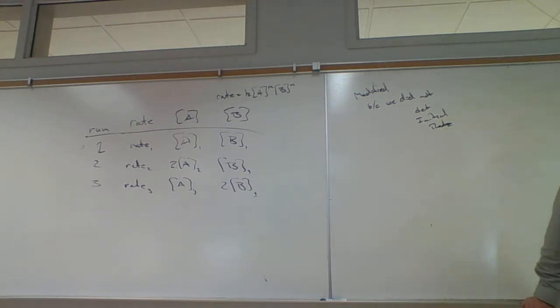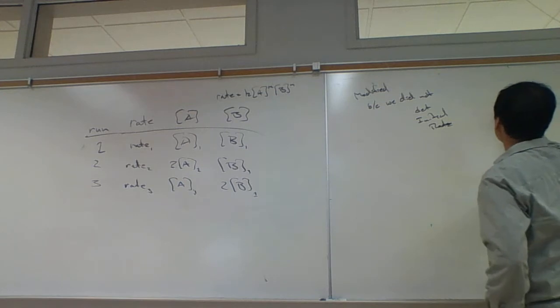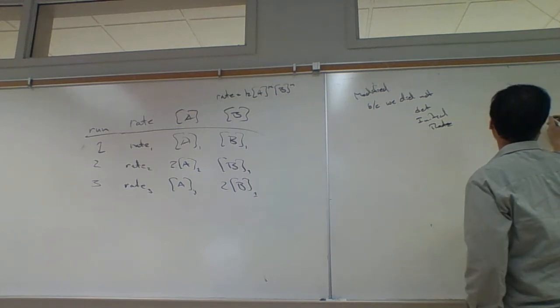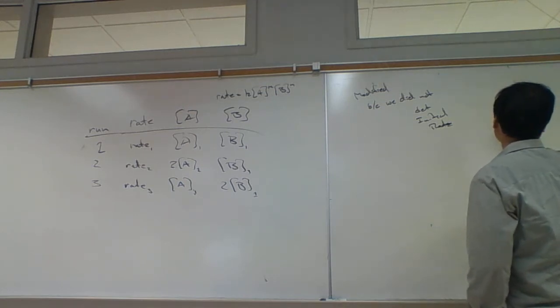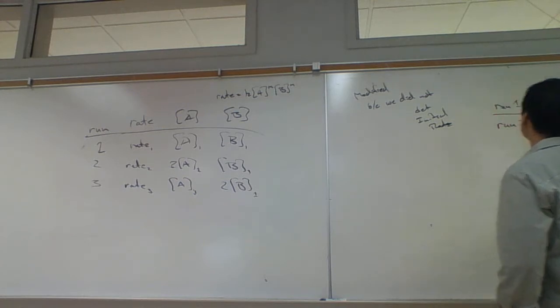Do you know which one was faster? Actually, can somebody look in their notes and tell me, for run 1, was it 5 mLs of sodium hydroxide or 10 mLs of sodium hydroxide? 10 mLs? Okay, run 1 actually turns out to be faster. And so we're going to take a ratio, run 1 to run 2.